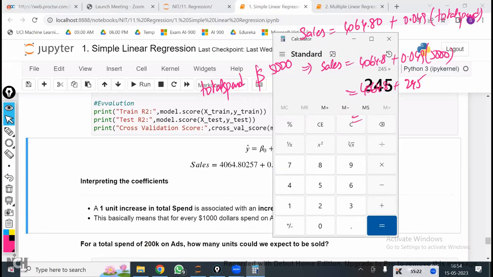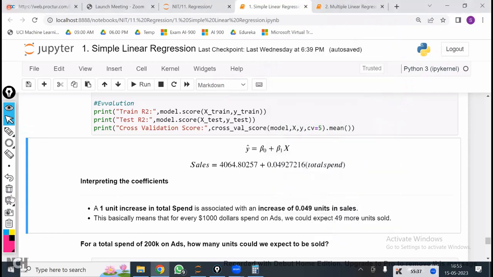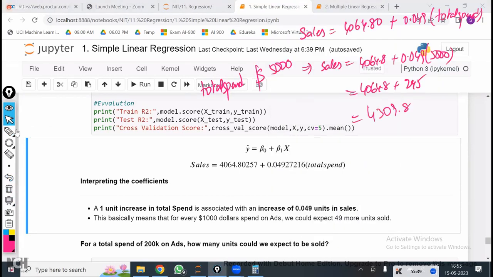245 plus 4,064.8, which is 4,309.8. Now instead of this, increase the spend by $1. Now tell me what is the change in the sales you have got? 4,064.8 will be as it is, it is not going to change.